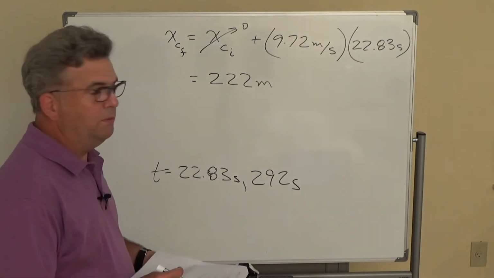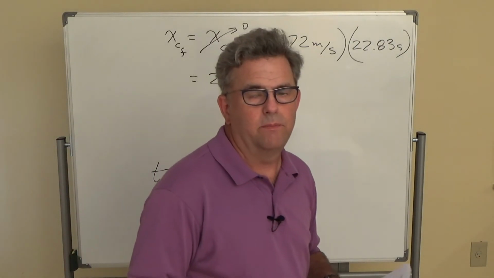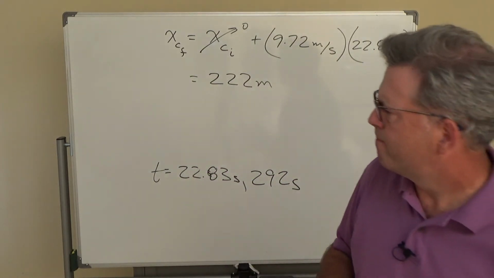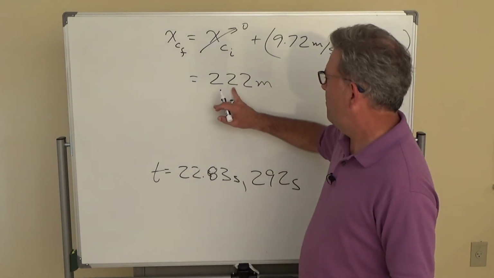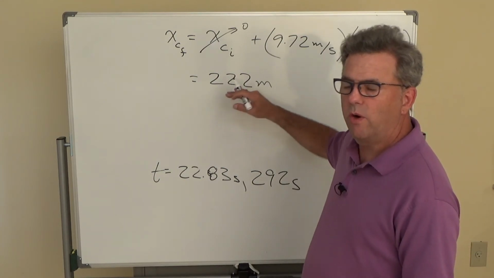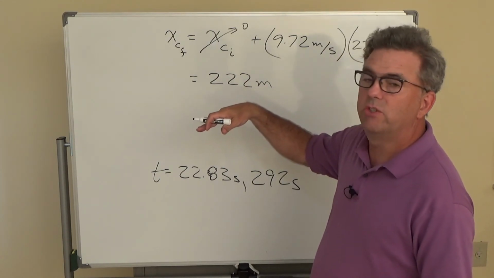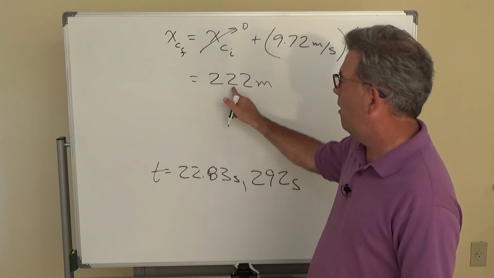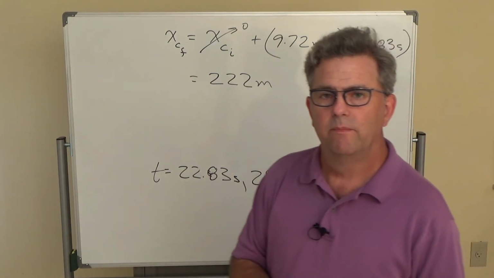That's also X truck final, right? So they don't meet right at the halfway point. The truck actually sort of catches up with the car before the car can pass the halfway point. All right?